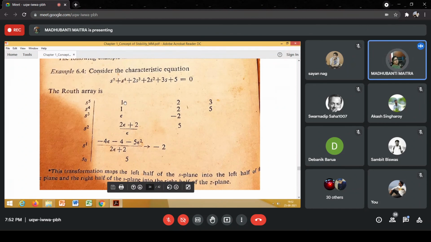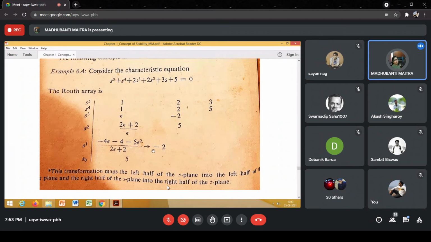So what we are getting in the first column is positive, positive, positive, positive, negative, then positive. That implies that the system is not stable, right? And how many roots are there in the right half of the plane?